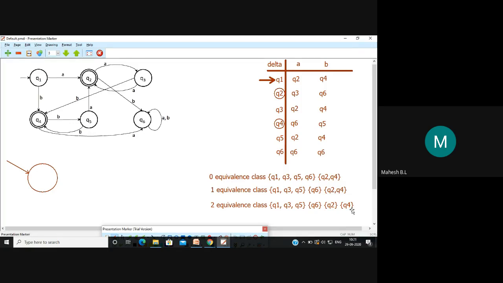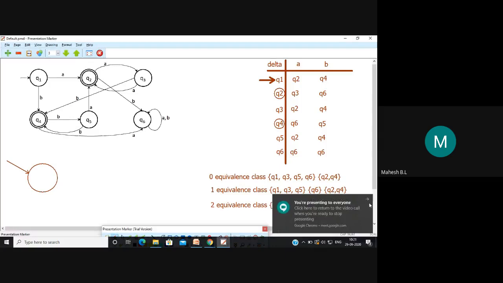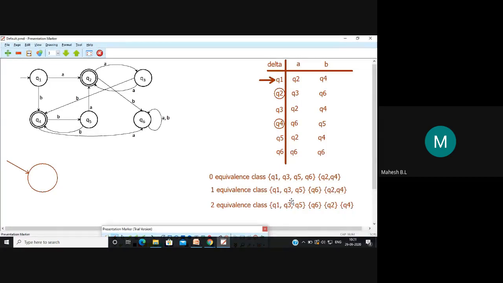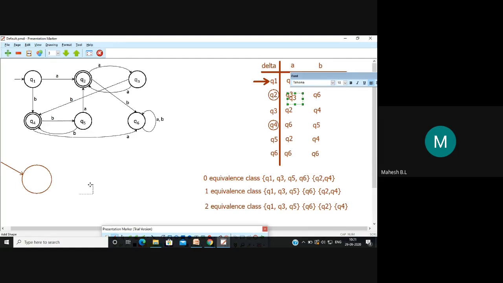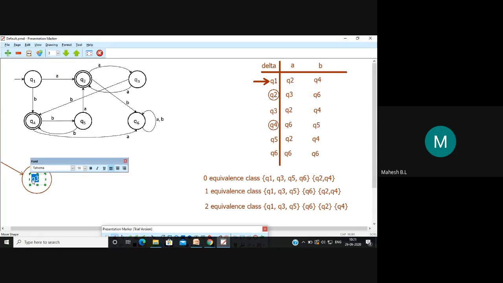The one containing Q1, which is Q1, Q3, Q5. So Q1, Q3, Q5 is the initial state.